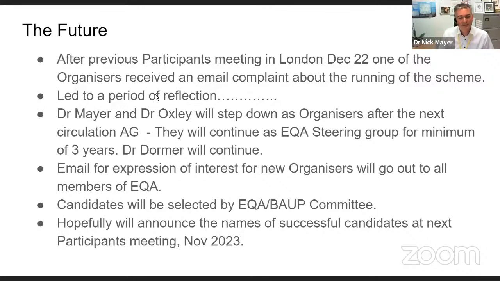John has kindly agreed to give some continuity and is going to stay on, but clearly he can't run a scheme of this size on his own. So in the future, we're going to send out an email of expressions of interest, and hopefully there'll be some people out there that would fancy taking this on.